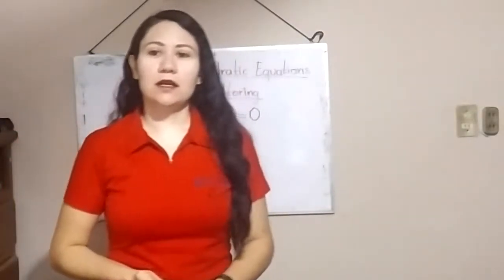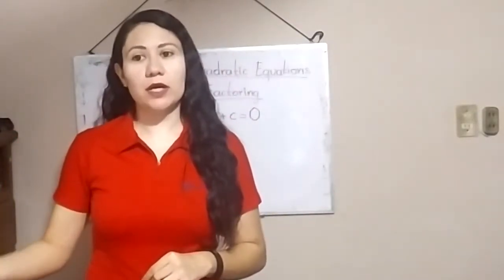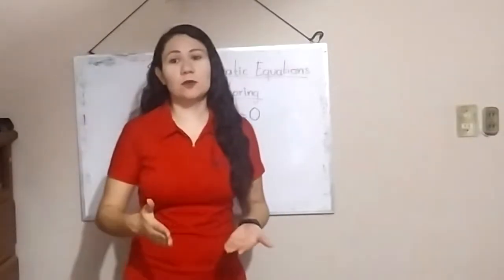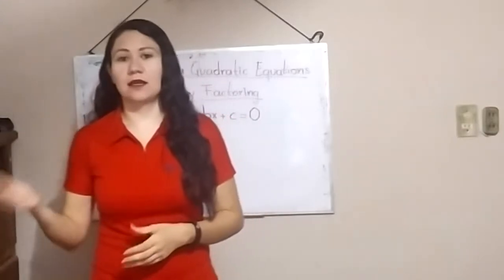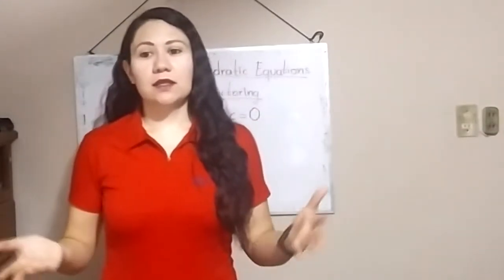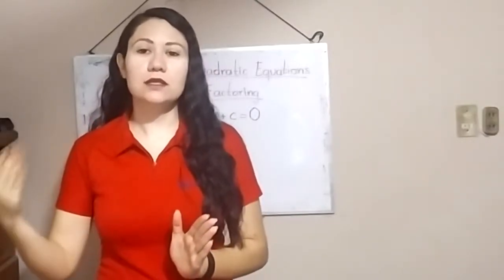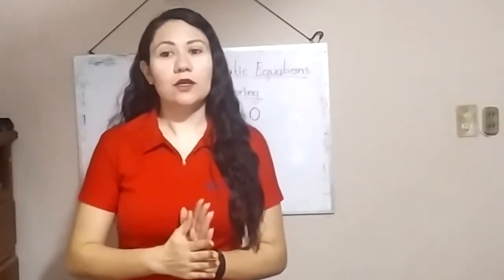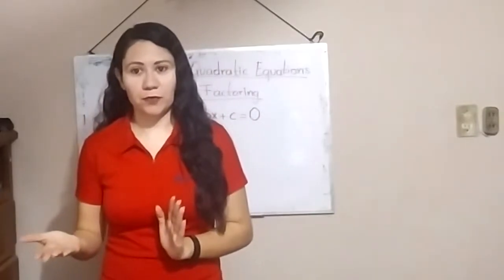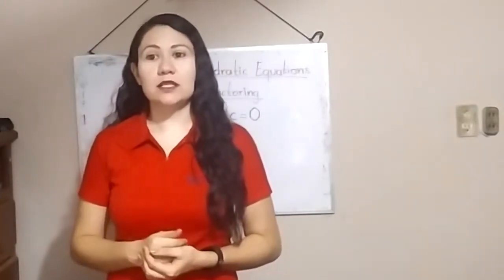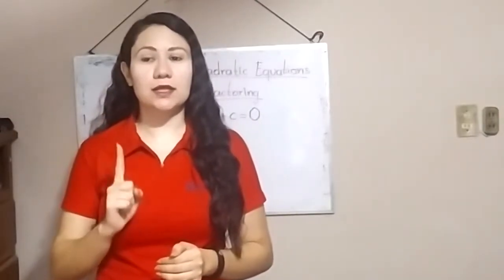Why? Because the way we solve quadratic equations is by using the zero product property. What does the zero product property say? What numbers do we multiply in order to have 0 as our product? We need to have at least one 0.